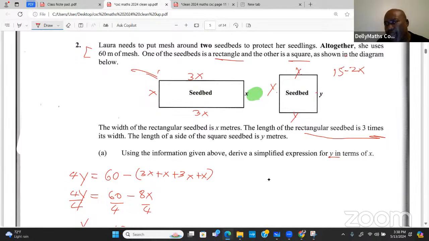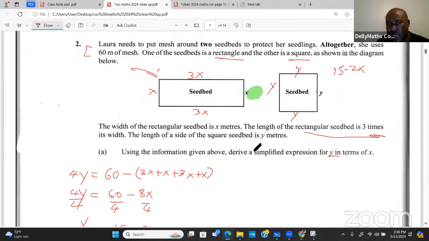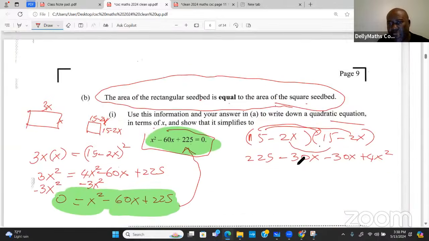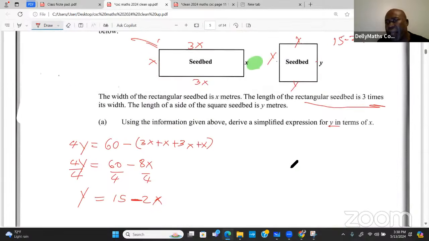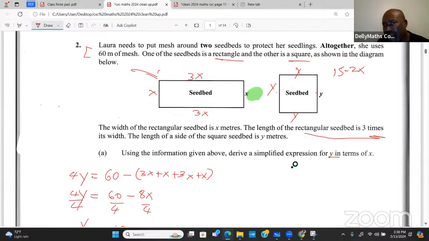Now, if I go ahead and plug in the 55.98, take a look to find what is y. So 15 minus 2 times 55.98, you're going to realize that there is an issue here, right?